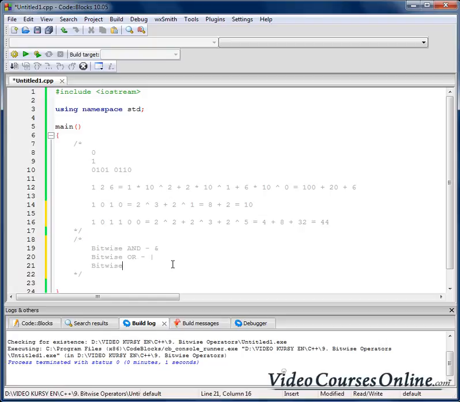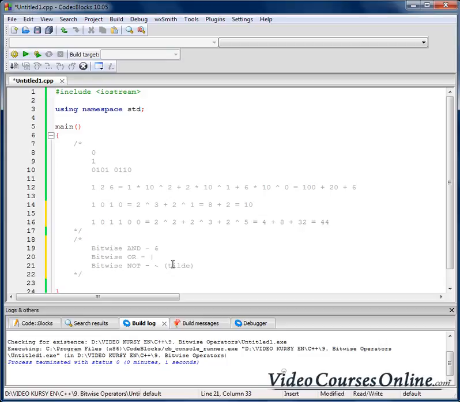We have got also the bitwise operator NOT, which is tilde, and it works like the relational operator negation, which is the exclamation mark, but this time again remember that we are operating on bits, not on the result of expressions.